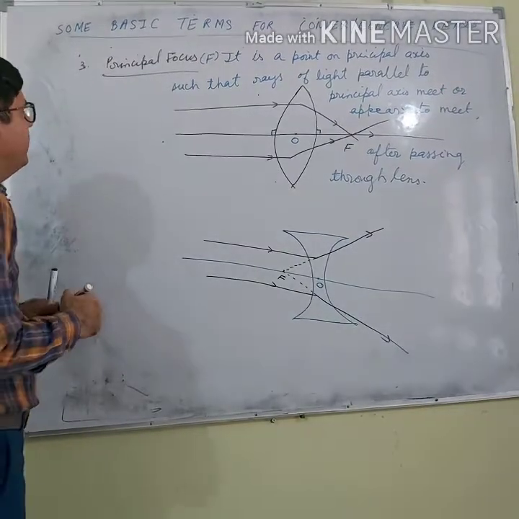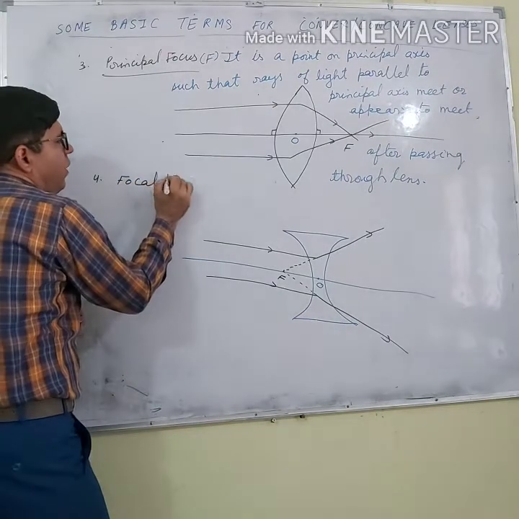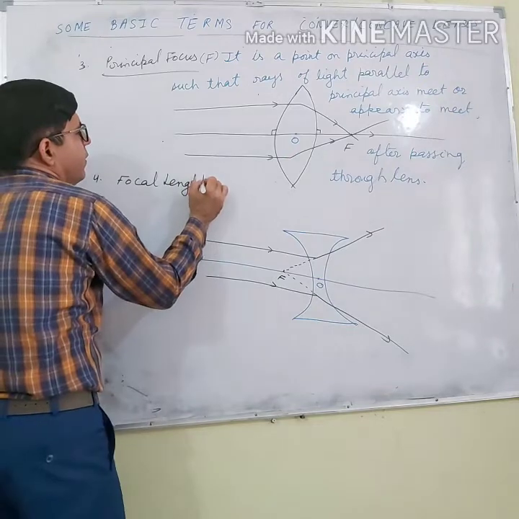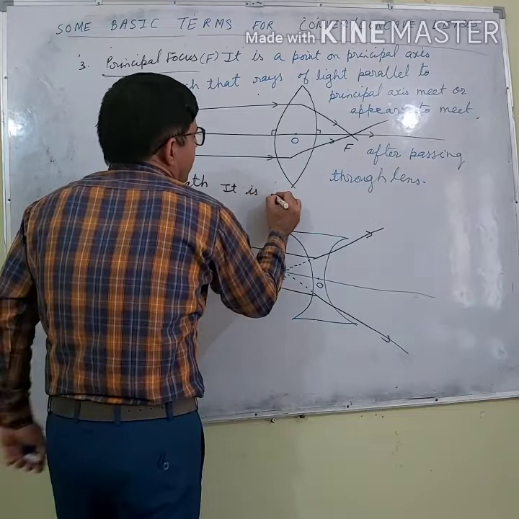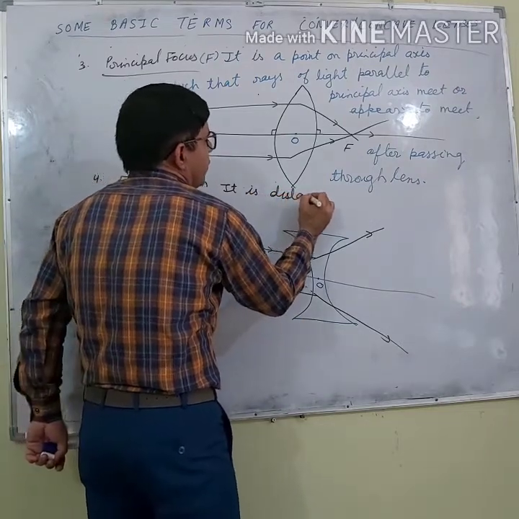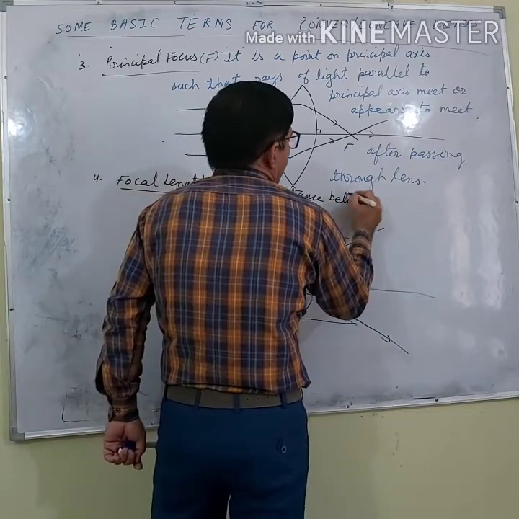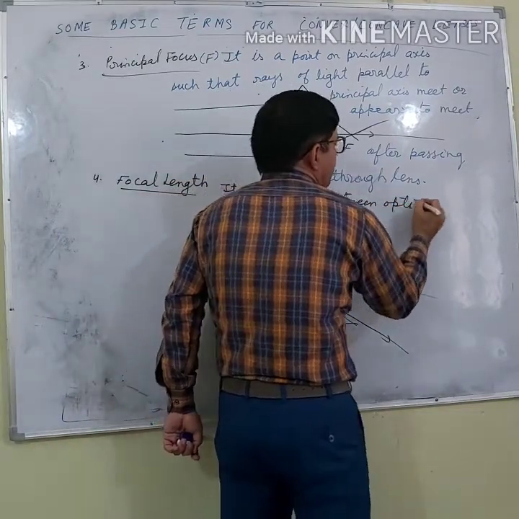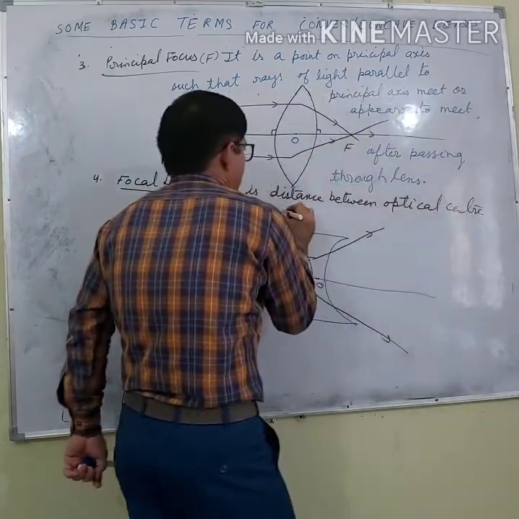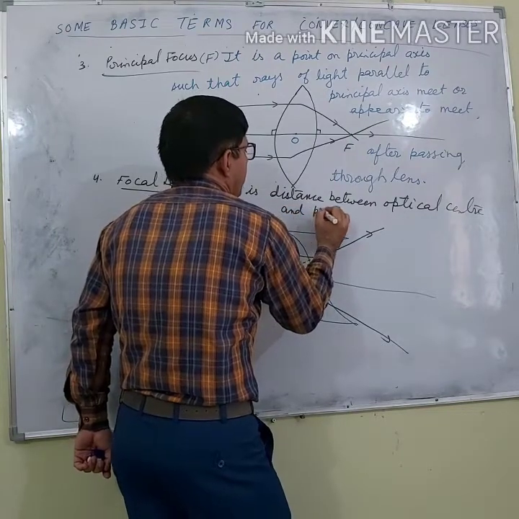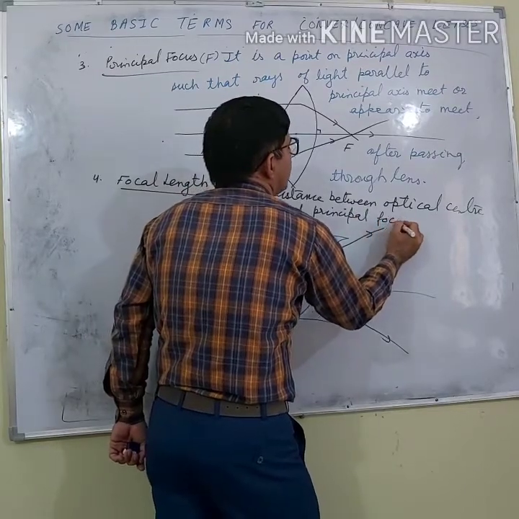Now what is focal length? Fourth point is focal length. What is focal length? It is the distance between optical center and principal focus.